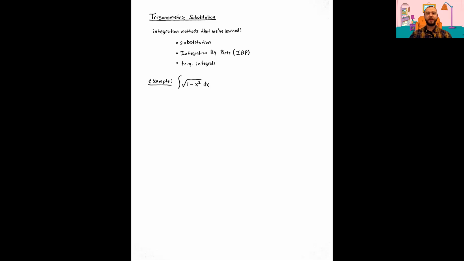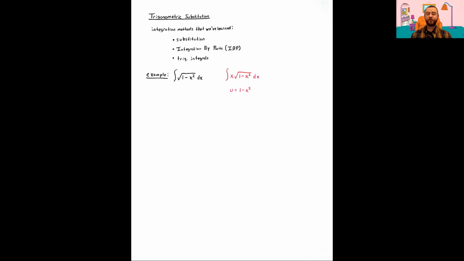Now, I want to put on the screen an example that is similar to this that is very straightforward to evaluate. Let's say we have this integral with an extra factor of x inside the integral. This integral requires a straightforward substitution, u equals 1 minus x squared. If you carry that out, the extra factor of x out front is going to be used for the differential du.